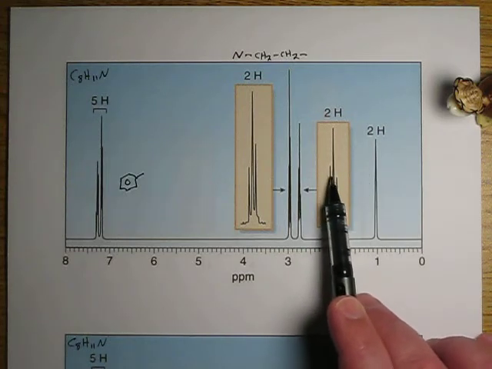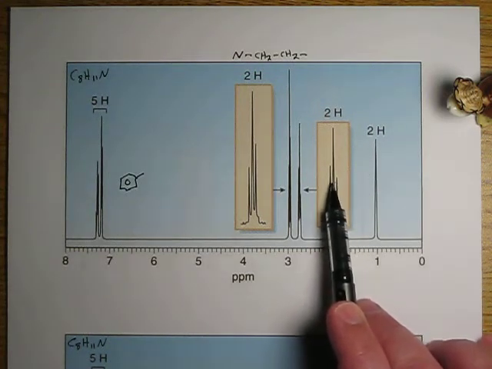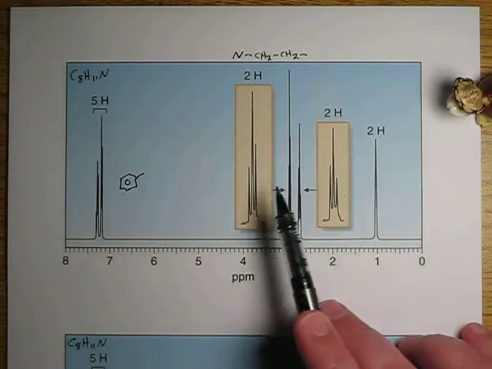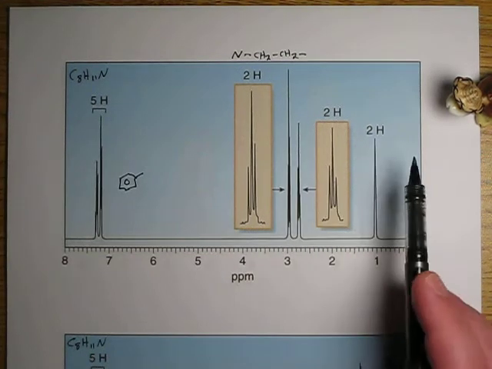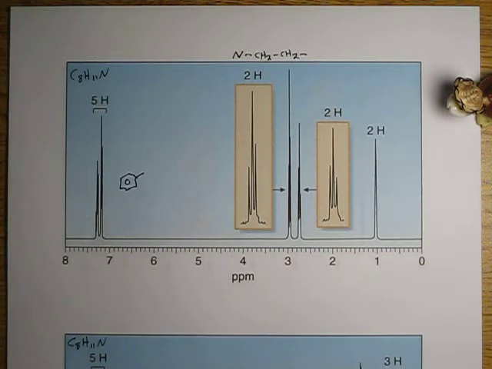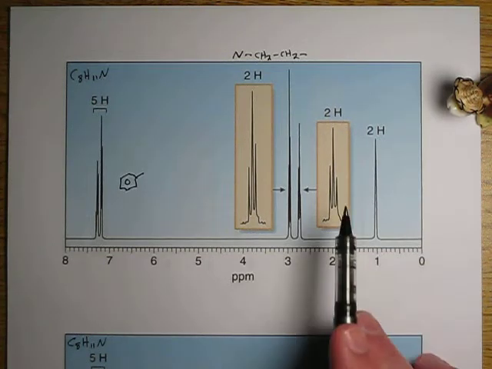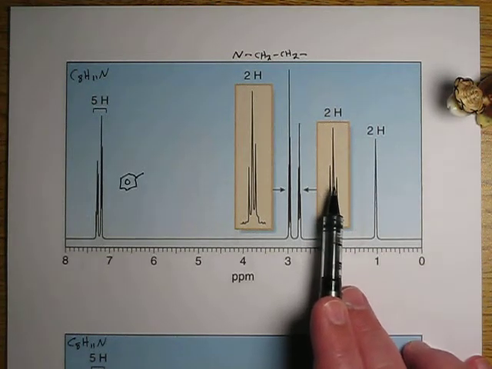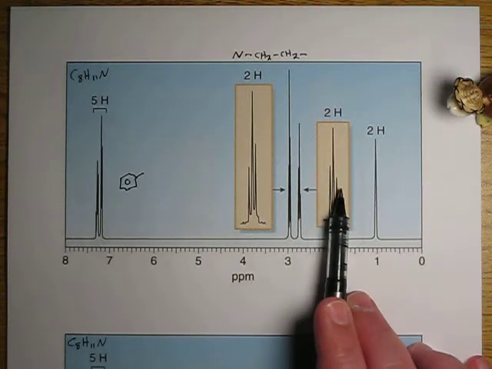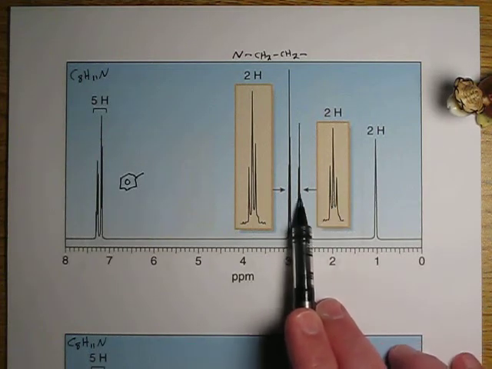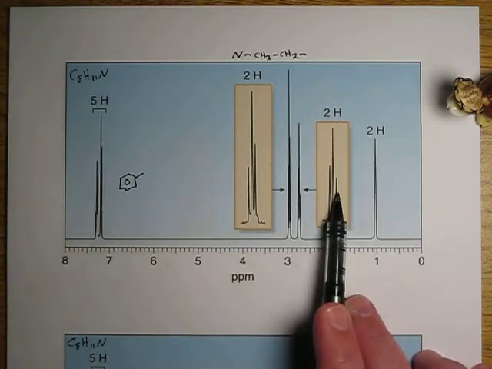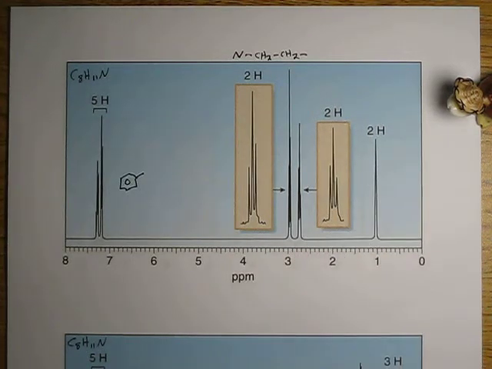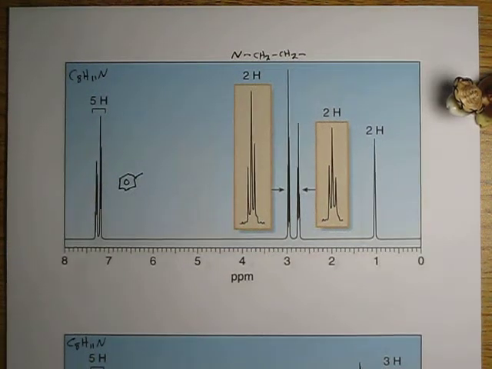And whatever caused this to split into a triplet, that resonance is probably down towards the left. We call that leaning. This peak is leaning towards the right. This is leaning towards the left. This lean is indicating to me, and it's not always right, that what caused this to be a triplet, that resonance is over here to the left of it. It's not this one here to the right of it because it's leaning to the left. You can't bank on that, but it's a nice thing to look at.